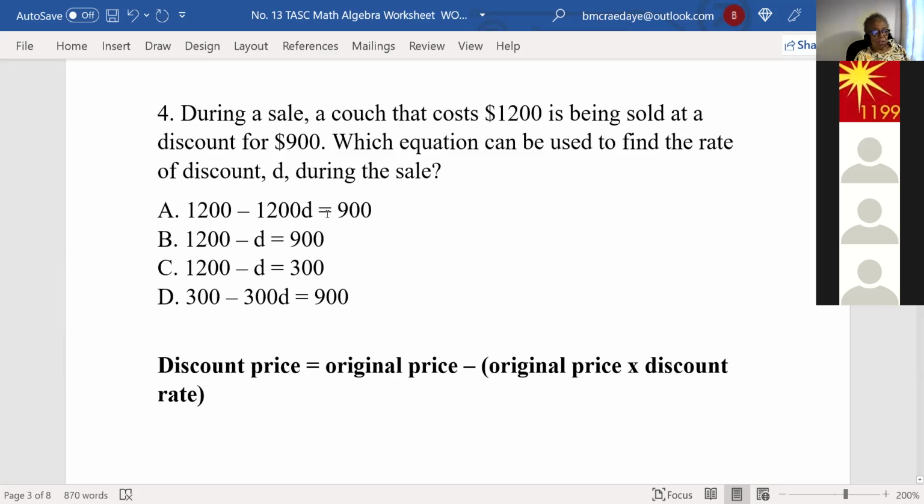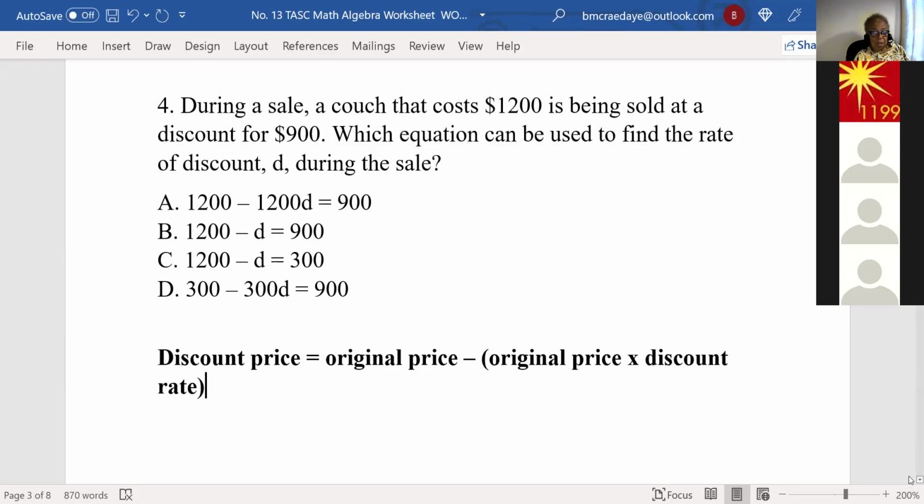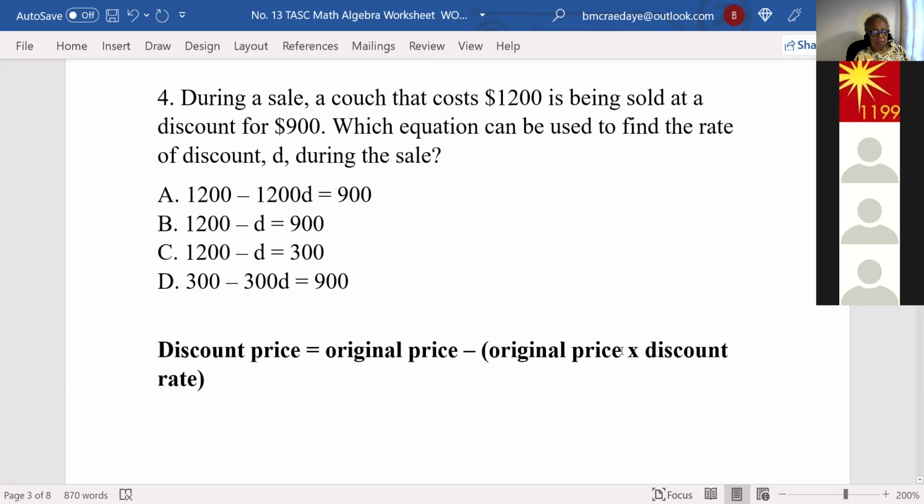You take the original price, multiply it by the discount rate, and subtract that from the original price. In other words, if something is 5%, you take 5% of the original price, subtract it from the original price, and that gives you the discount price.